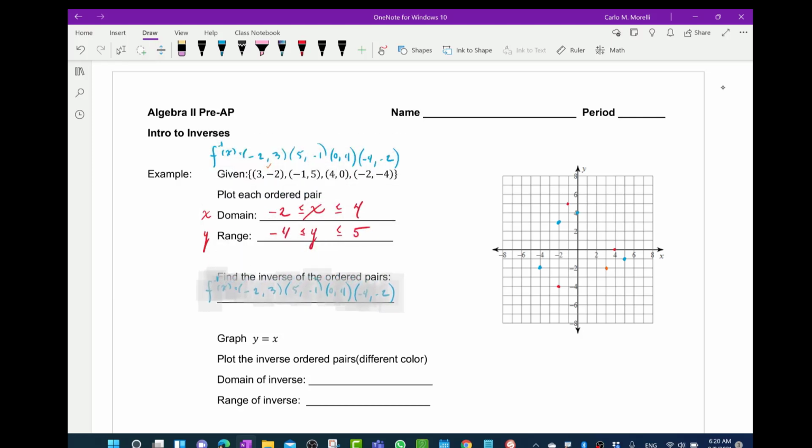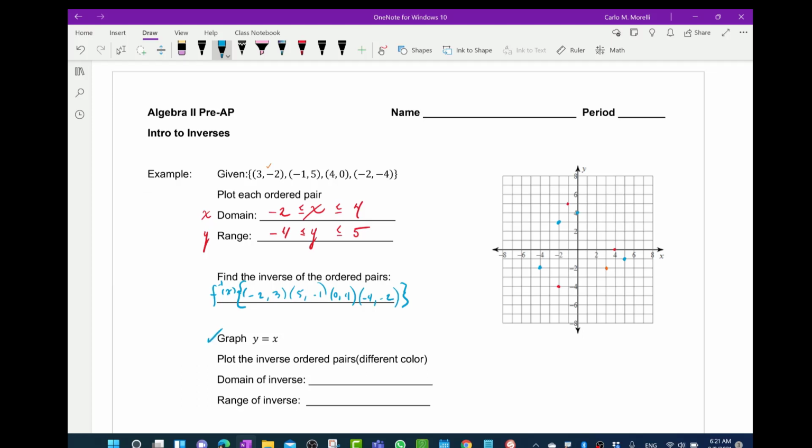Just move it down here. Very fancy. And that would be like the set, so I want to put that in set notation. So these are discrete points. Now, no clue how to connect it.